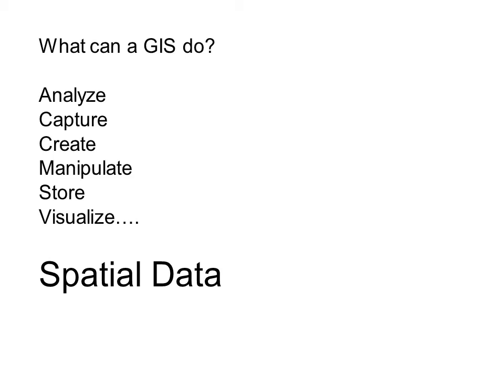So what are the sort of things that GISs can do? Well, one of the big ones is analyze spatial data. When we talk about analyzing data, we're talking about taking raw data or information and converting it into knowledge. That's actually a really powerful concept if you think about it.